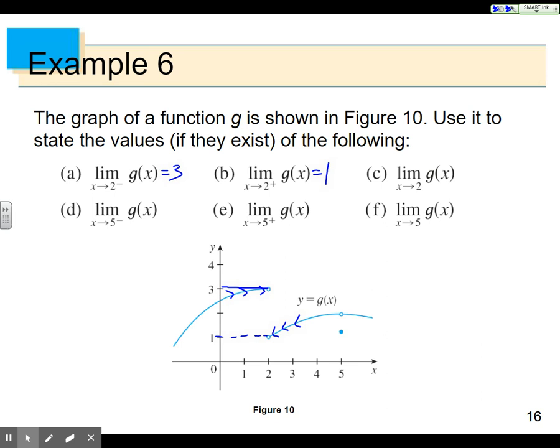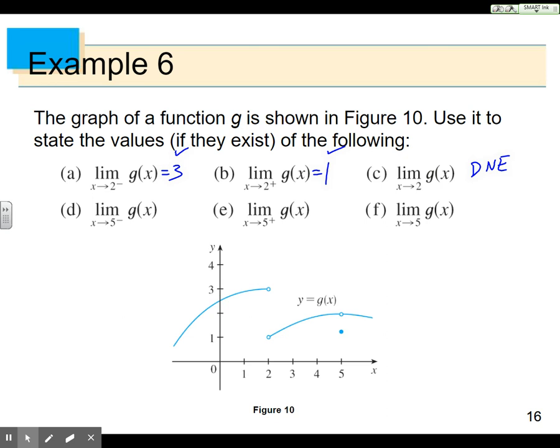And so what I'm able to conclude now, using my new definition of a limit, since my left-hand limit and my right-hand limit are not equal, is that the limit as x approaches 2 simply does not exist, because they have to come in to the same value. Whew, a lot going on there.